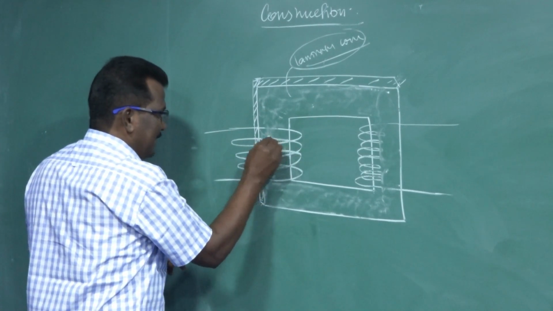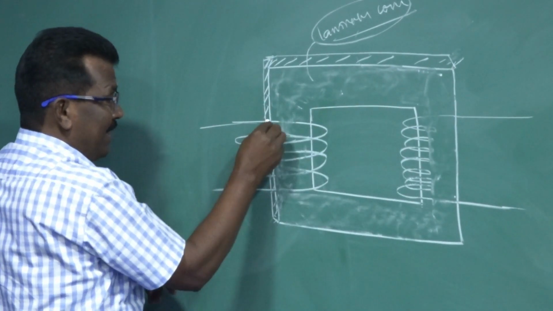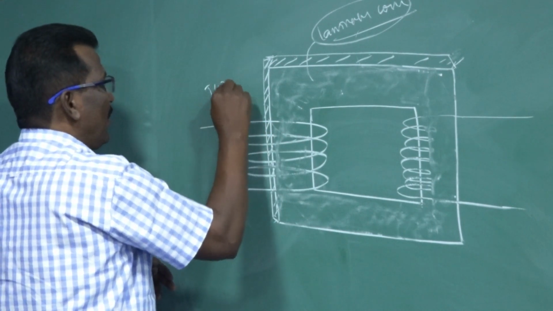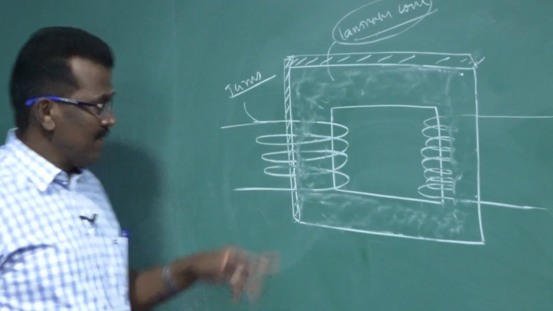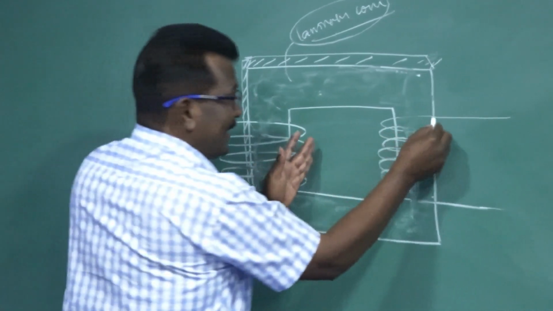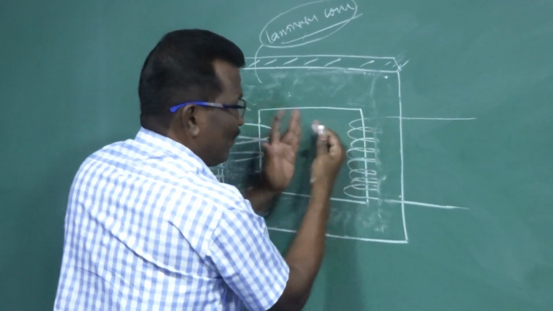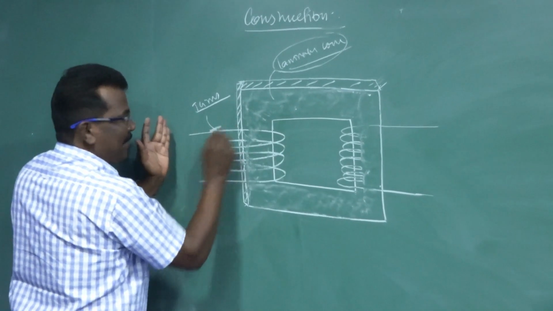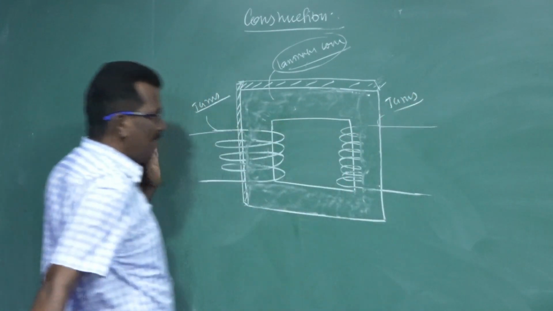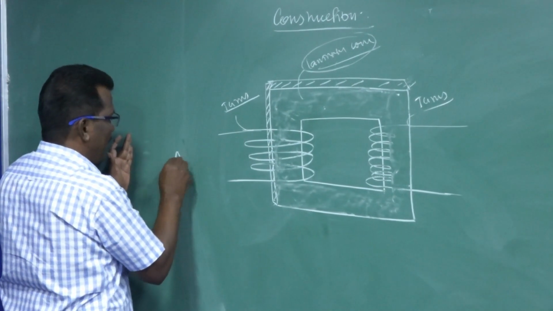At one end of the laminated core, a coil is wound with some number of turns. Again, another coil is wound at the other end. Both coils are wound with a number of turns. One end is connected with the AC supply.